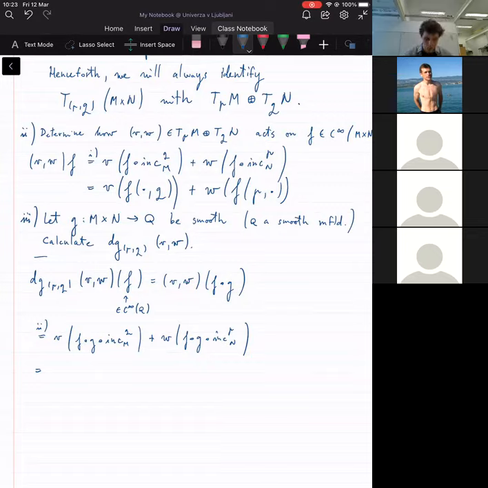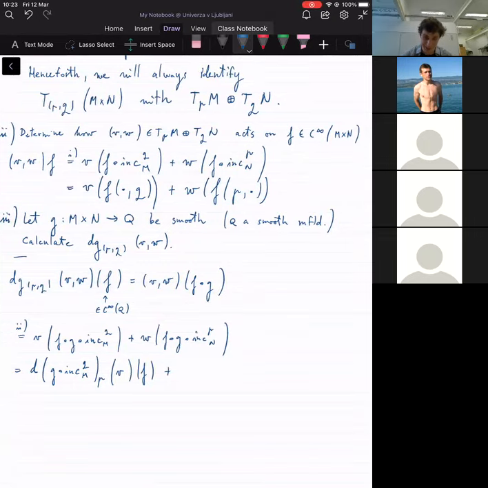So yeah, now what we do is we use the definition of the differential of this map, g of inclusion at (·, q), right? And what we get is d of g of inclusion at point p evaluated on v and then on f, right? So this is just by definition of this d here. And the second part similarly, right?